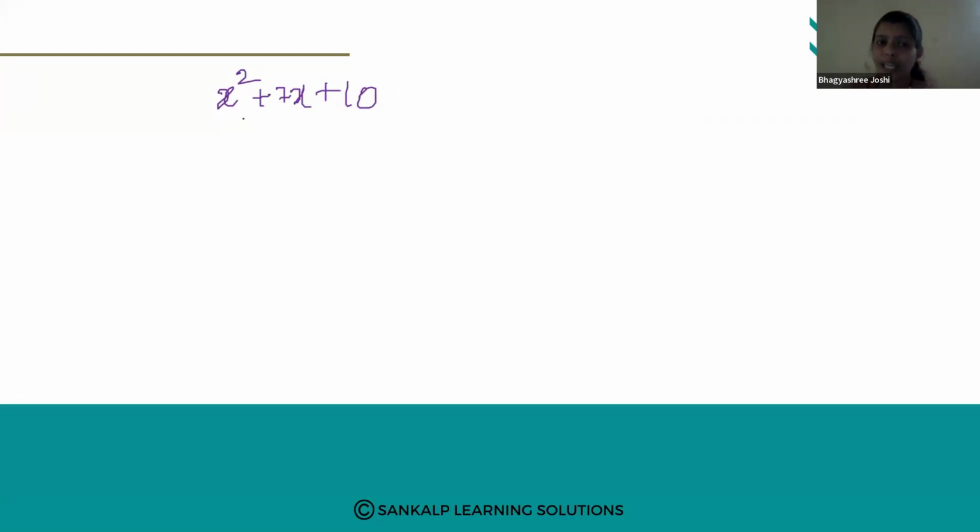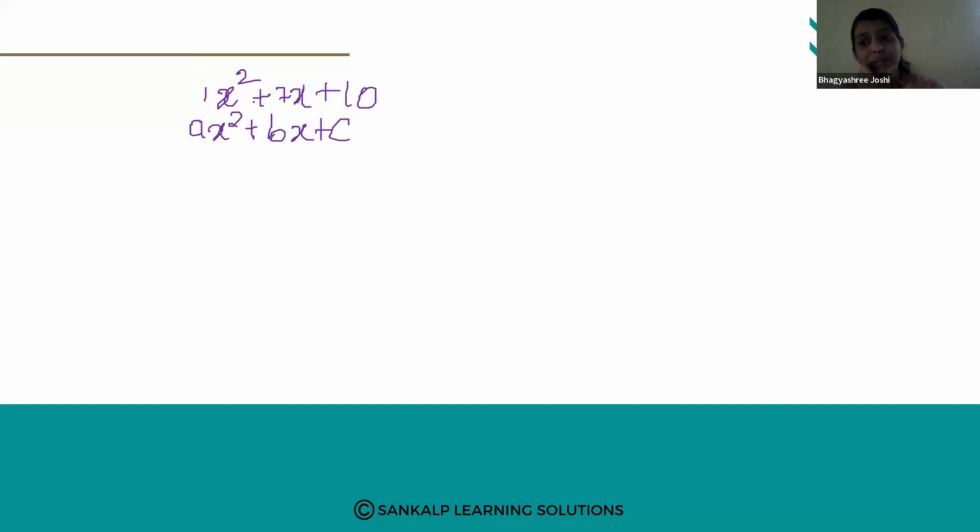Compare this polynomial with the standard form of the quadratic polynomial, that is ax square plus bx plus c. ಹೌದಾ? ನಾವು ಇಲ್ಲಿ ಇರುವಂತಹ ಪಾಲಿನೋಮಿಯಲ್ ಅನ್ನ ಸ್ಟ್ಯಾಂಡರ್ಡ್ ಫಾರ್ಮ್ ಜೊತೆಗೆ ಕಂಪೇರ್ ಮಾಡ್ರಿ. So a means nothing is there, means 1. So 1x square, 7x, 7 is b, and 10 is the constant term. So it is matching the standard form. ax square plus bx plus c, it is a quadratic polynomial.